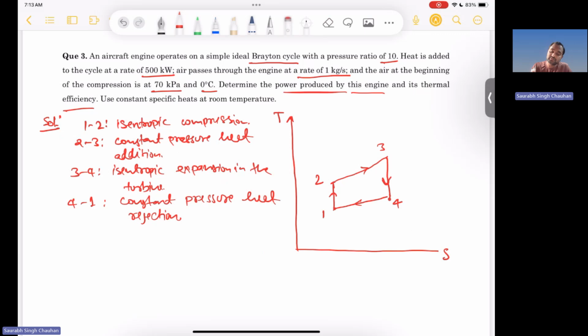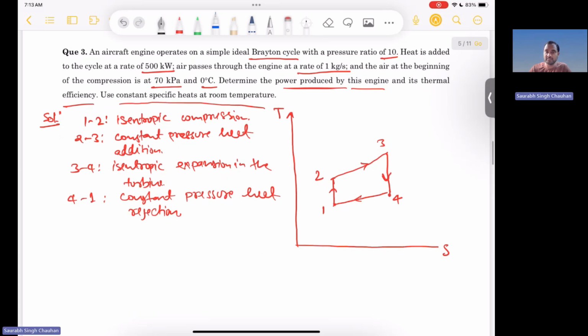It is given that we can use the constant specific heats at the room temperature. So at the room temperature, you can check the tables for properties of air, and you can find the values of specific heats. I will write the value of specific heat of air at room temperature.